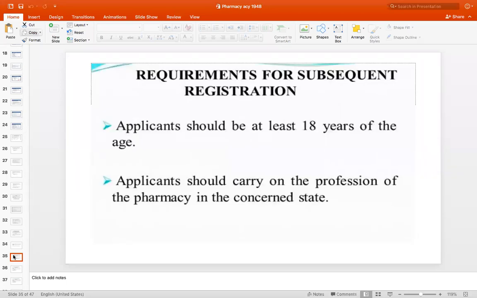Requirements for subsequent registration. We spoke about what the requirements are to register in the first register, and now what is the requirement if you have to register in subsequent. Applicants should be at least 18 years again, which is the minimum. Applicants shall carry on their profession of pharmacy in the concerned state.